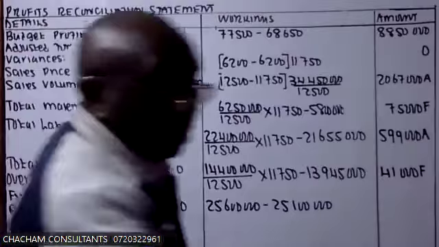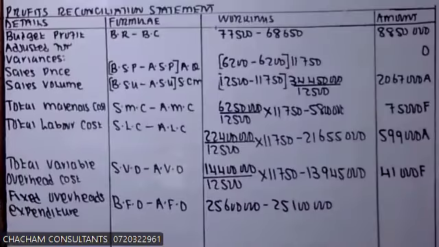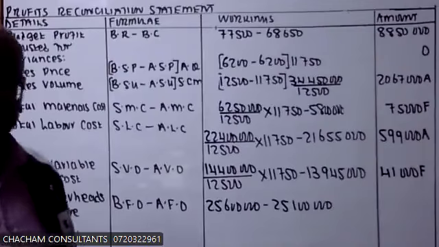Let me then also compute. So it is 14,400,000. First of all, you divide by 12,500. Then you multiply by 11,750. You subtract 13,945,000. 409 JM.